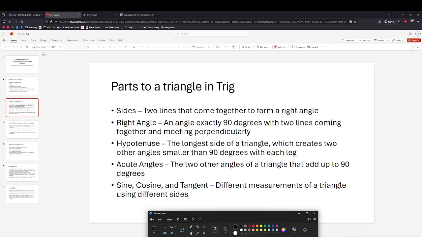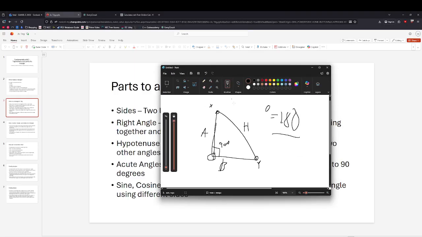Now, sine, cosine, and tangent. Just going to get this out of the way and put these up here. Sine, cosine, tangent.